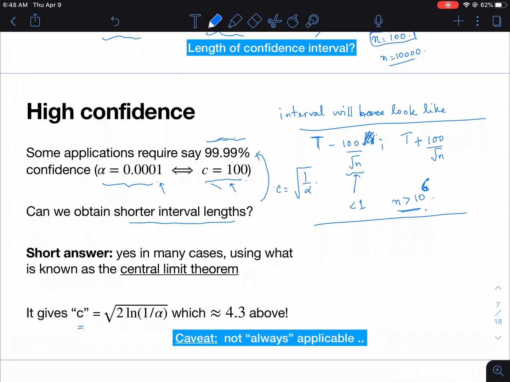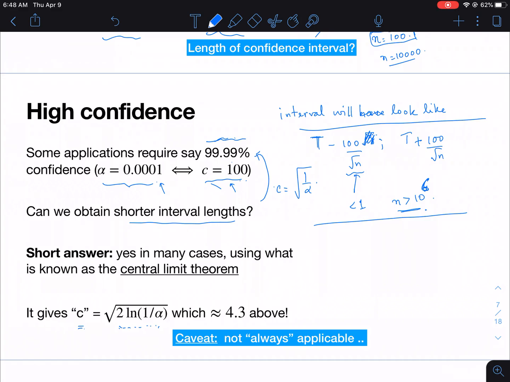The central limit theorem, in short, implies that C being the square root of 2 log 1 by alpha is actually the right answer. That's also a valid bound.